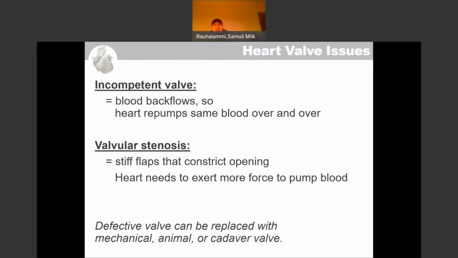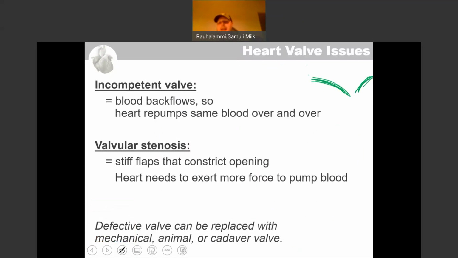I wanted to discuss these valves a little bit. Not always do valves work perfectly. The main role of the valves was, of course, to facilitate unidirectional flow of the blood through the heart. We want to establish one-way flow only. So we have these valves that have the leaflets.